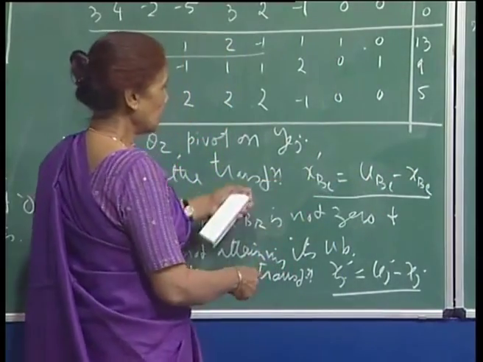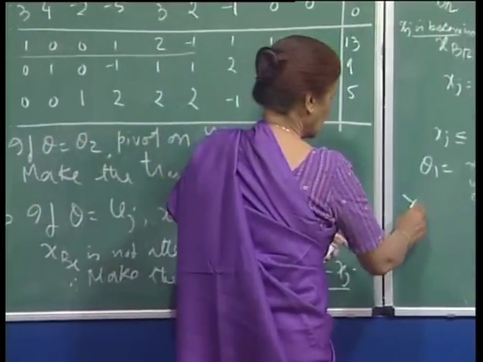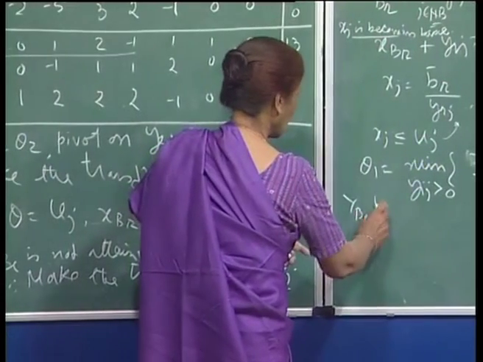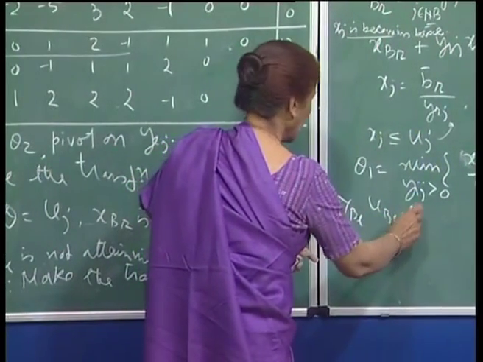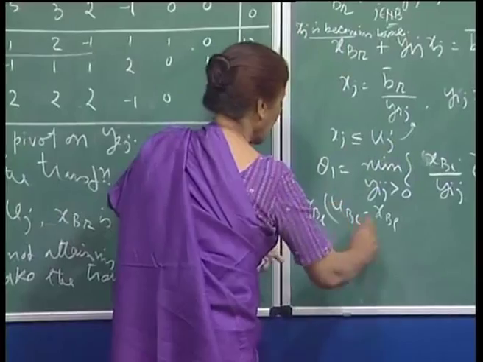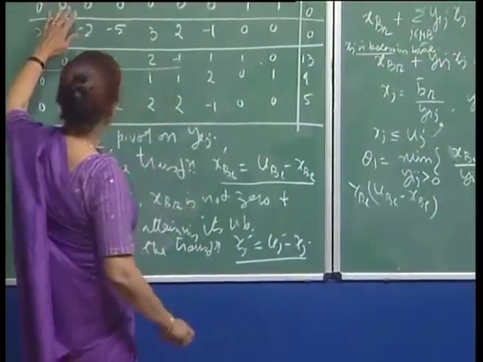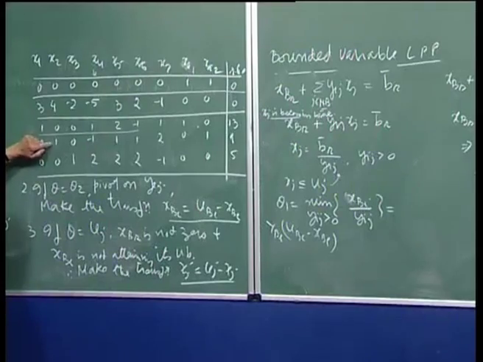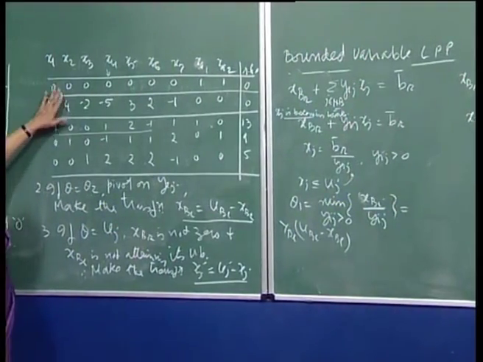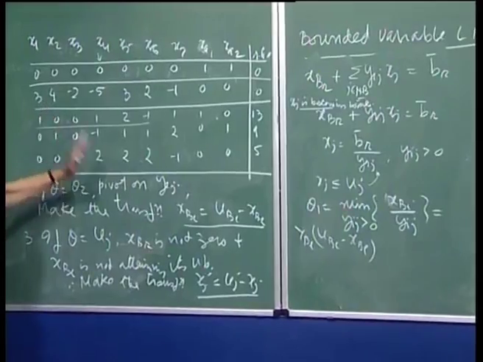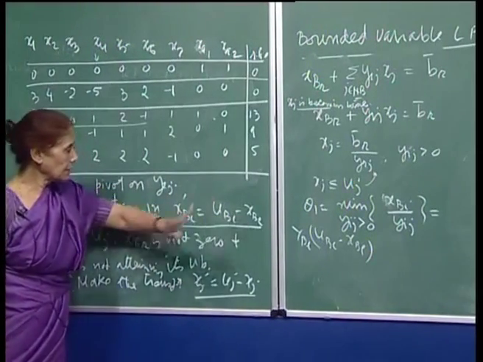Remember, it is ybl times ubl minus xbl, but currently in the tableau, say for example, this has reached its upper bound, I want to make the transformation that this should be ubl minus xbl.